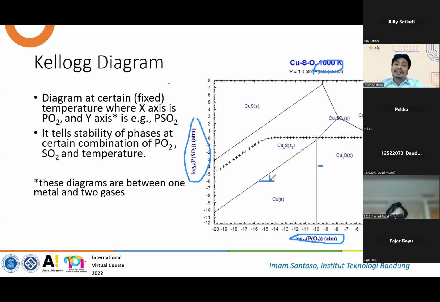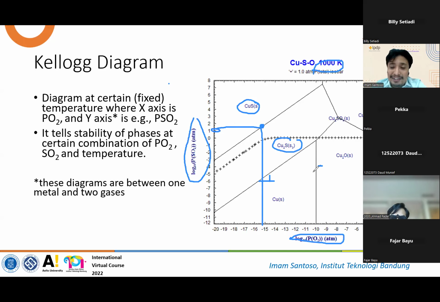Okay, guys. Any point on the black line, for example, in here, it means copper sulfide and copper oxide can exist together at an oxygen partial pressure of 10 to the minus 15 and a sulfur oxide partial pressure close to 1.